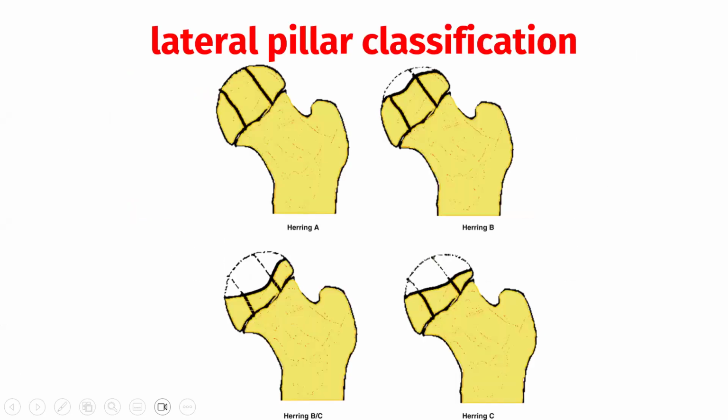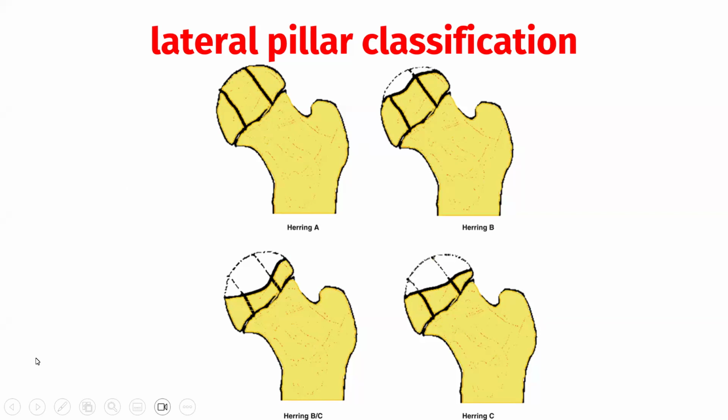Finally, we come to the lateral pillar classification. The lateral pillar classification was devised by Herring, and this is a Herring A, where this zone of the lateral epiphysis remains of the same height. In B is where it collapses and lies between 50 and 100%.